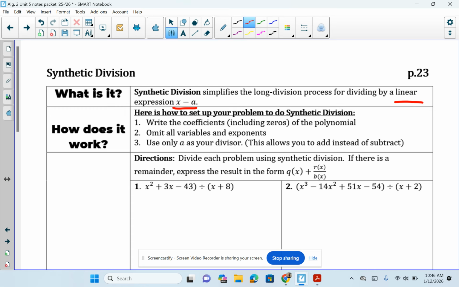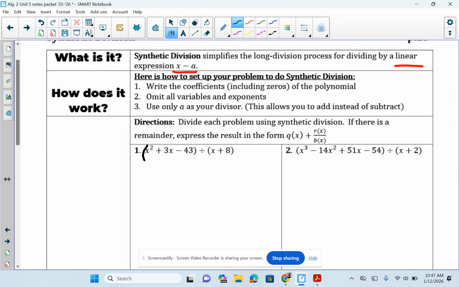So here's your steps. First step: write the coefficients, including zeros, of the polynomial. And I should have a parenthesis right there. As we look at number 1, I have x squared plus 3x minus 43. What coefficient is in front of x squared?